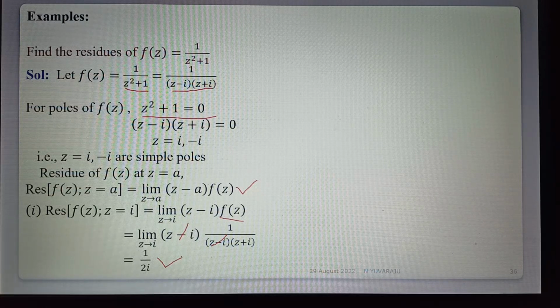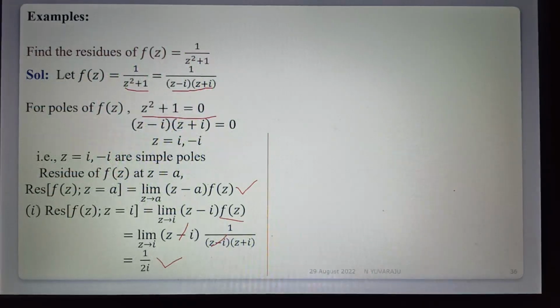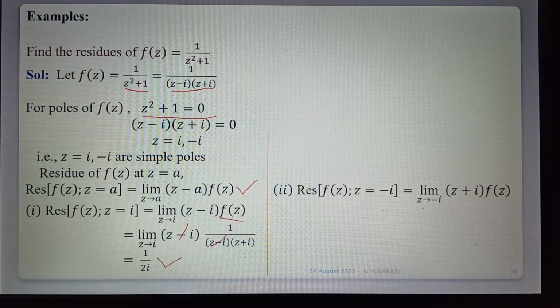Similarly, the second residue, at the second pole minus i, is found the same way. The residue of f(z) at z equals minus i is the limit as z tends to minus i of (z plus i) into f(z), since a equals minus i. Substituting f(z), that is the limit of (z plus i) into 1 by (z minus i)(z plus i).